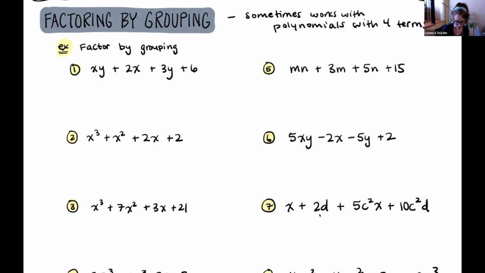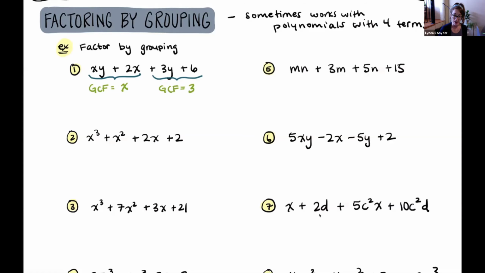So what factoring by grouping says is to group into 2 groups of 2, and then look for the GCF of each of those groups. So in the first group, the xy and the 2x, the greatest common factor that we could take out is an x to the first. In the second group, the GCF of the 3y and the 6 is a 3.